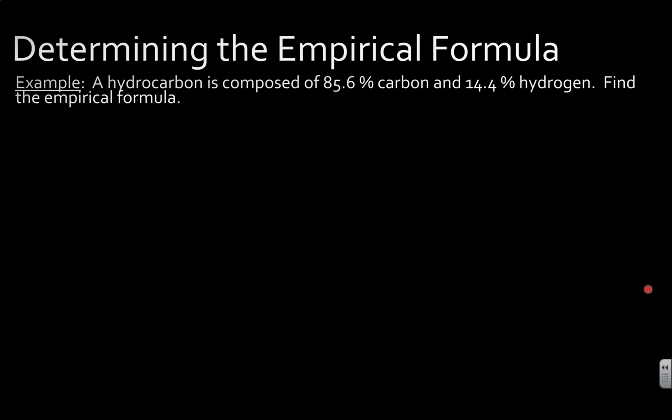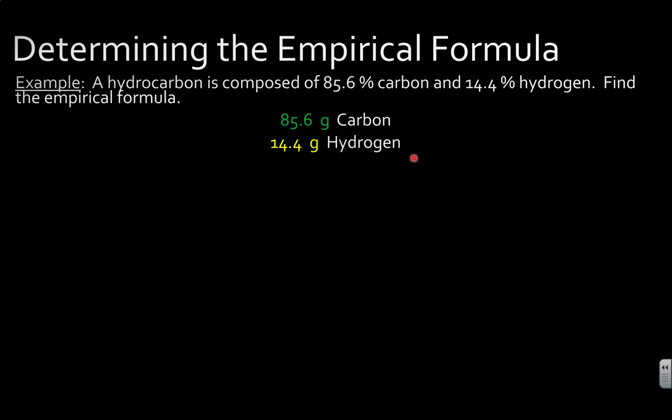A hydrocarbon is composed of 85.6% carbon and 14.4% hydrogen. Find the empirical formula. So it is 85.6 grams of carbon and 14.4 grams of hydrogen. Okay, you see how I took those percentages and just assumed that if it was a 100-gram sample, 85.6% of 100 grams is 85.6 grams.